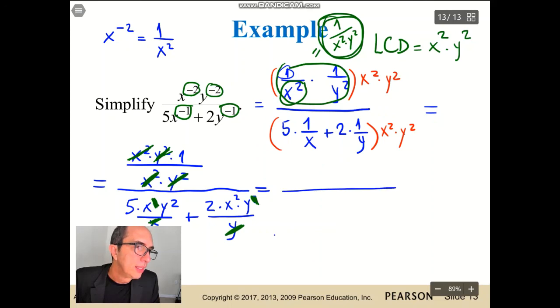Then on the top the only thing left is 1, and on the bottom we're going to have 5xy squared plus 2x squared y.